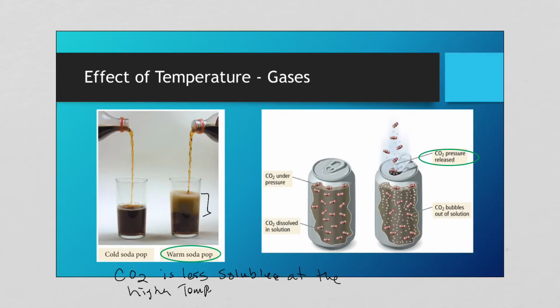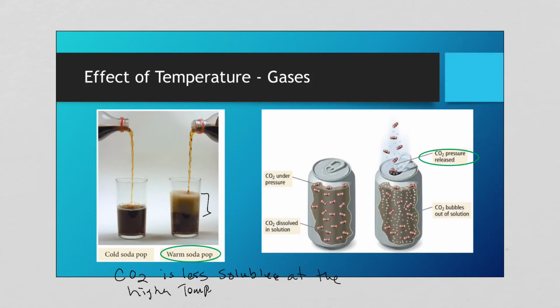And that's exactly what we see, the opposite of what we see with solids. As we go up in temperature, the solubility of gases actually becomes lower. And this goes back to the idea that those gases, which are almost exclusively nonpolar, like carbon dioxide, do not make very strong interactions or intermolecular forces with the water.